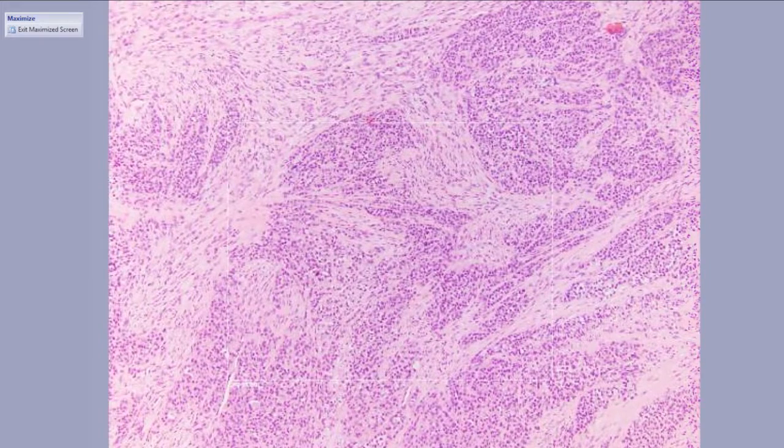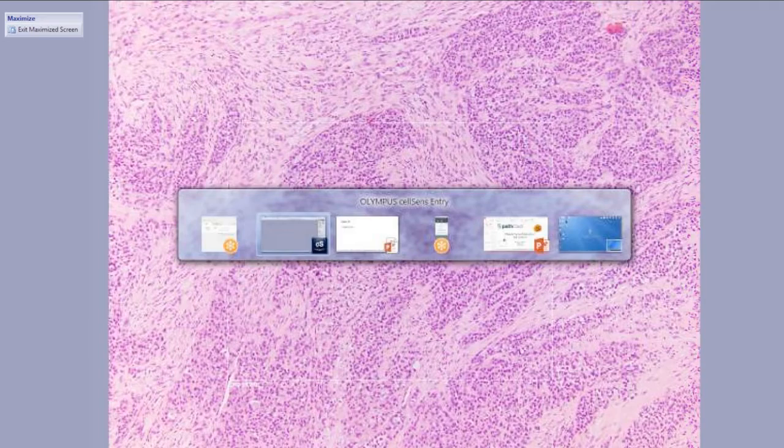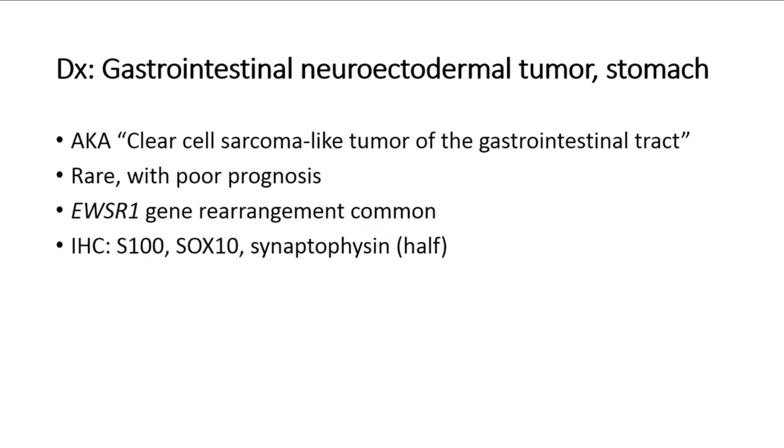So the old term for this was clear cell sarcoma-like tumor of the GI tract, but with more cases published, the current term that people are using is gastrointestinal neuroectodermal tumor of the stomach. These are rare. I've seen 1 or 2 cases, and both were found by looking through the archives at my institution.